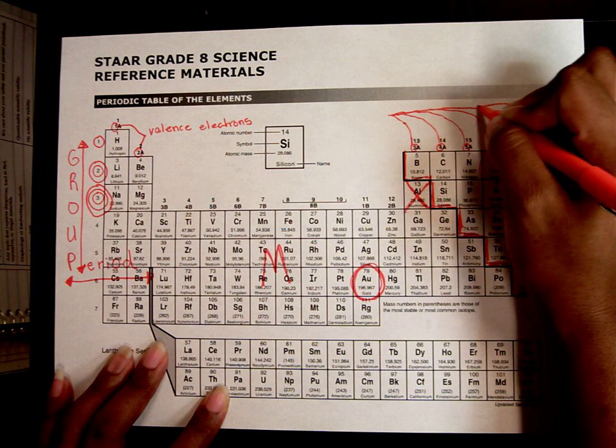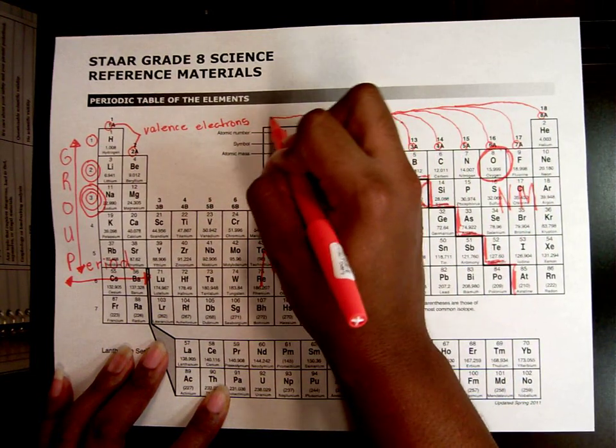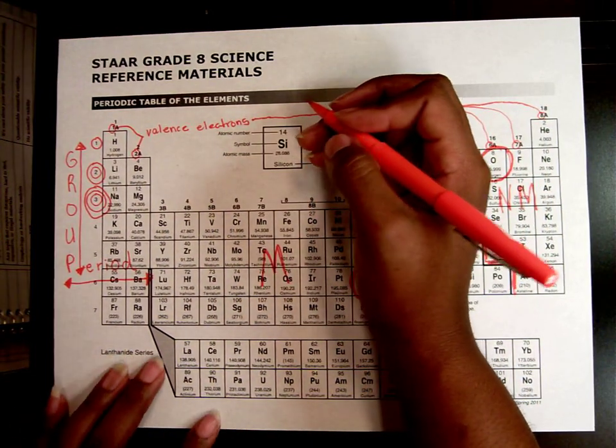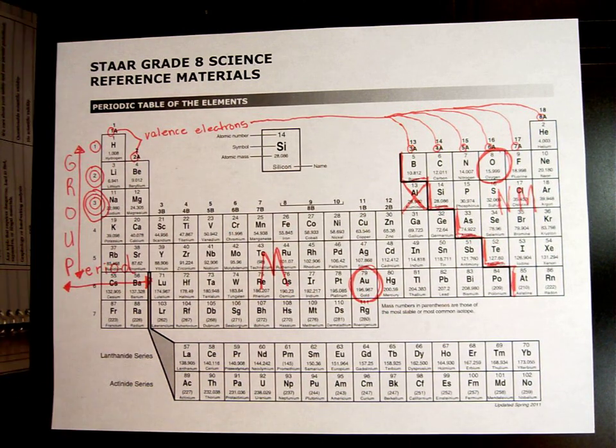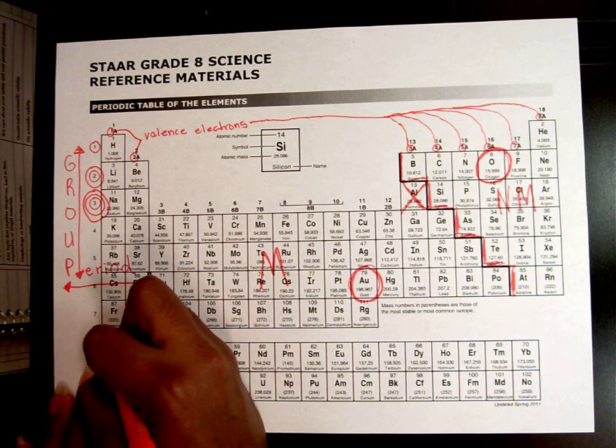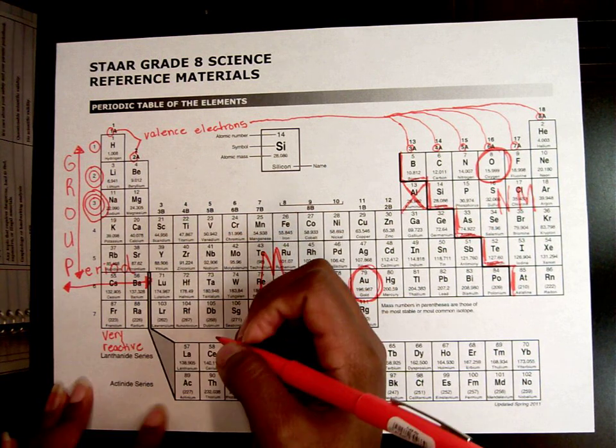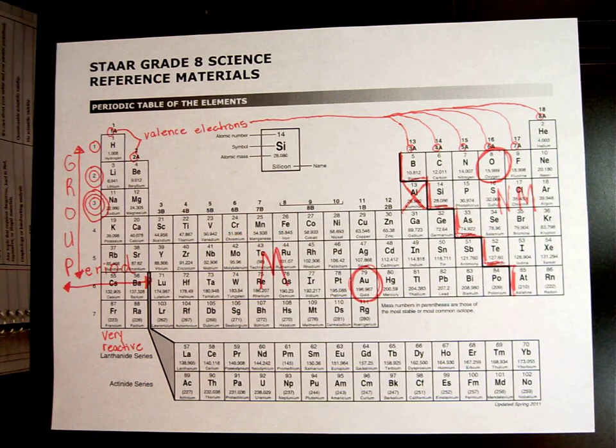Connect all of these numbers and bring it this way. Remember that valence electrons are the electrons in the outer ring, and that determines how reactive an element is. So the elements in group 1 have 1 valence electron, and they are very reactive. They are going to react very readily to get more electrons on that outer ring.